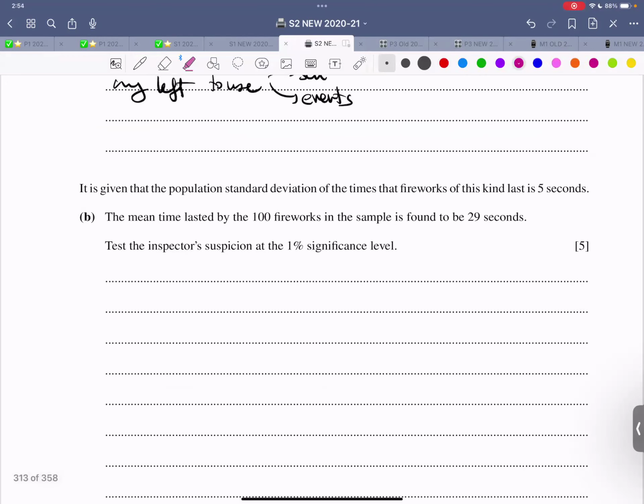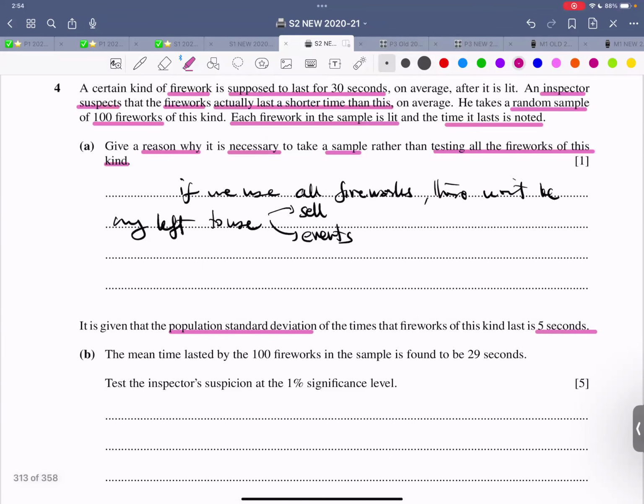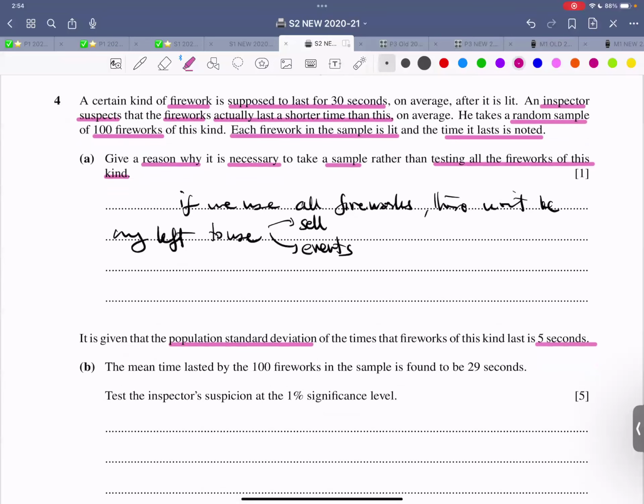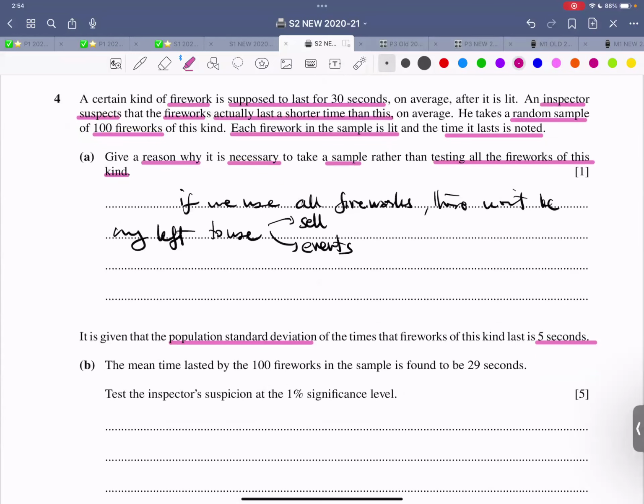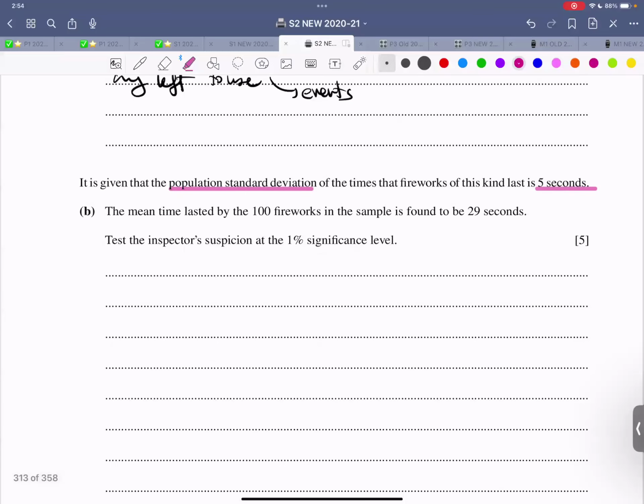It is given that the population standard deviation of the times that fireworks of this kind last is 5 seconds. I said this might be binomial, but it's not binomial because the probability of success is not given. A sample value is given. The mean time lasted by the 100 fireworks in this sample is found to be 29 seconds. Test the inspector's suspicion at the 1% significance level.